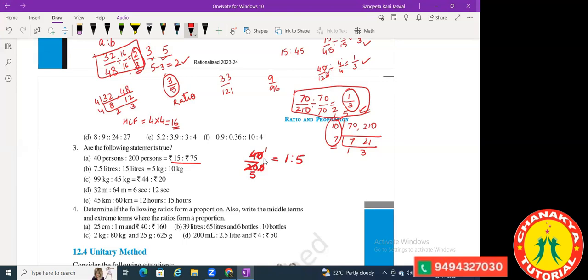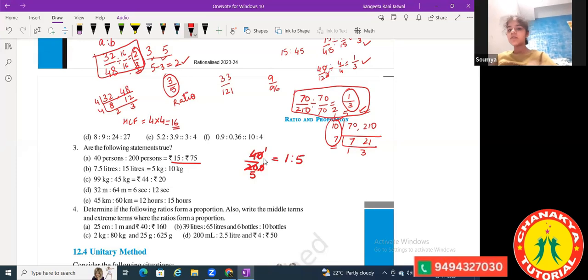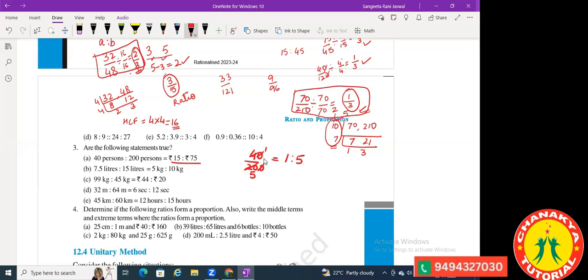Okay, Soumya, did you find out for rupees 15 and rupees 75? I'm still doing it. What is the ratio, Soumya? Ma'am, I'm still doing it.